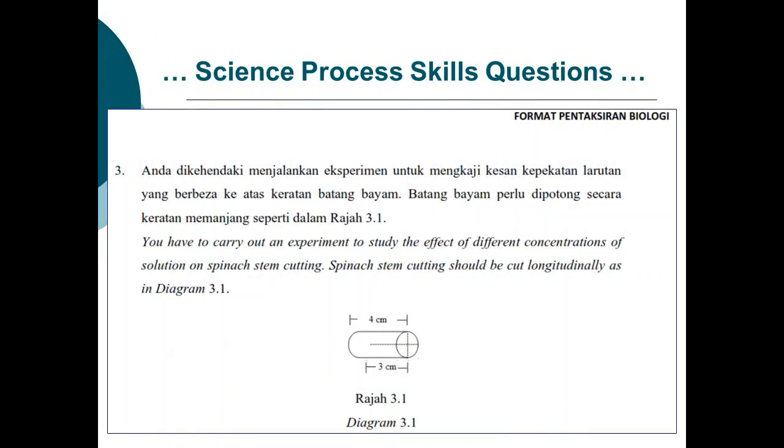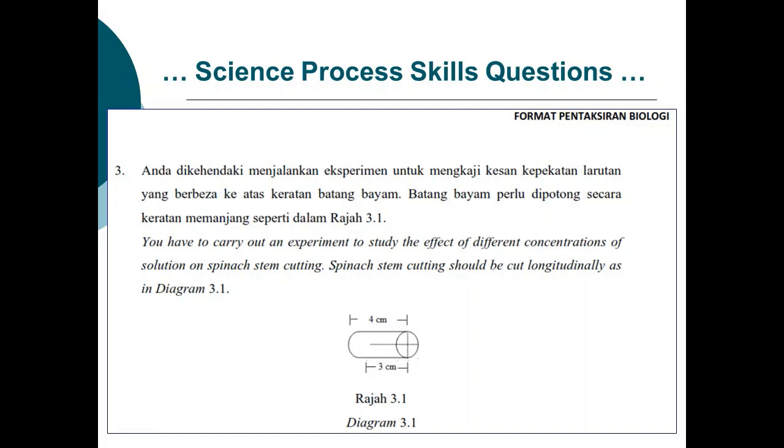Here is the sample question given in the Format Pentafsiran Biology book. Now, let's look at the information given here. You have to carry out an experiment to study the effect of different concentrations of solution on spinach stem.